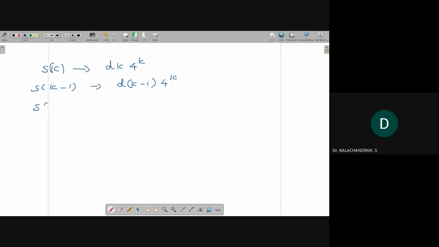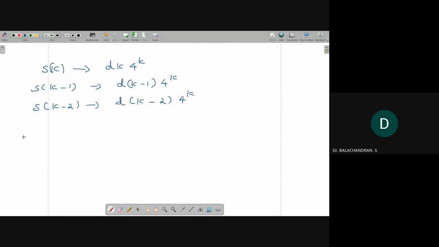Next, s of k minus 2 is d into k minus 2 into 4 power k. So now this is a problem. So s of k you should now write as d k 4 power k.